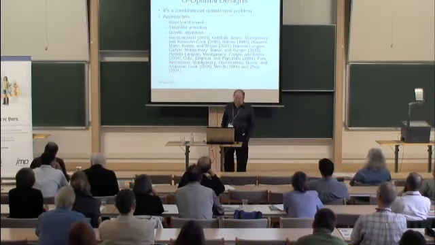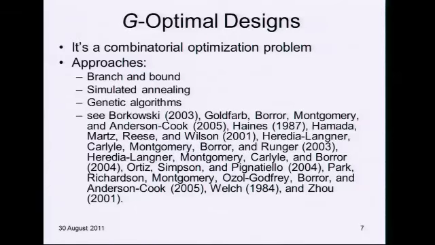So this is a problem. You want to try to be efficient, and of course this is a pretty nasty combinatorial optimization problem to begin with. There are a variety of approaches that you might consider taking, and in fact a lot of people have worked on different approaches to this problem. Branch and bound methods have been suggested and used by some authors, and I think used fairly successfully.